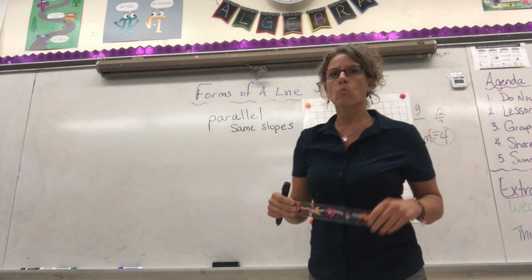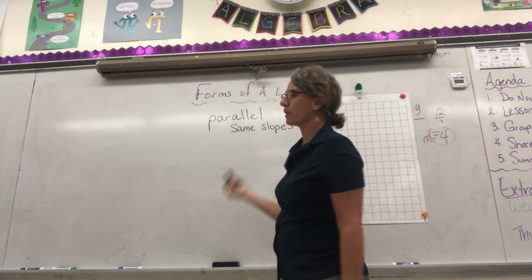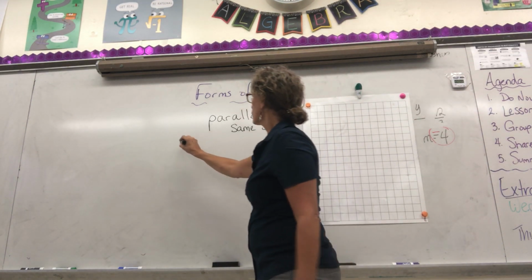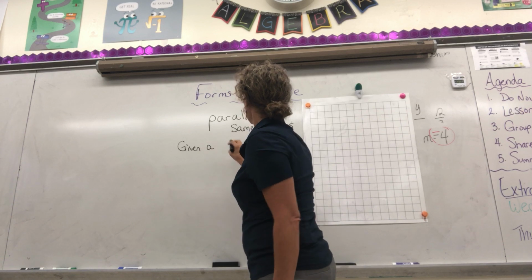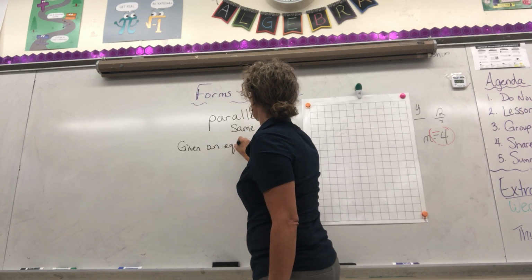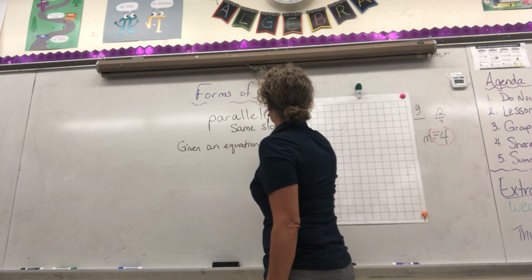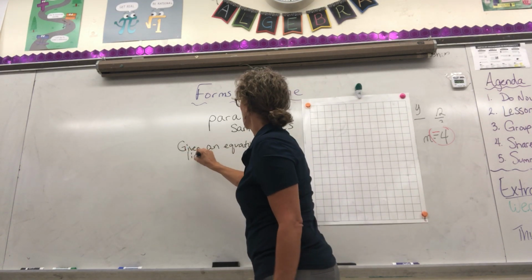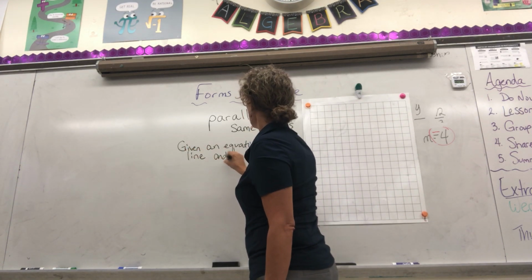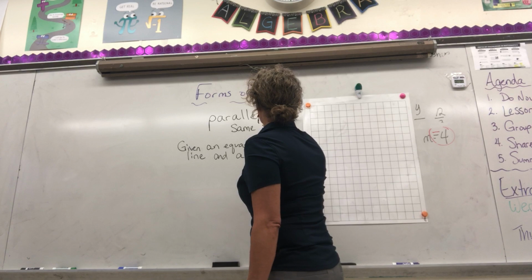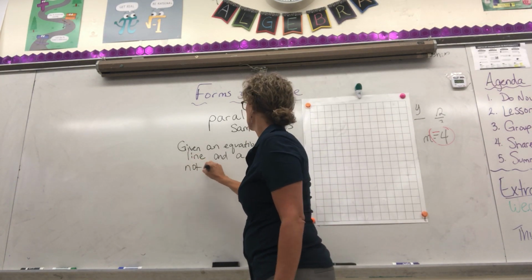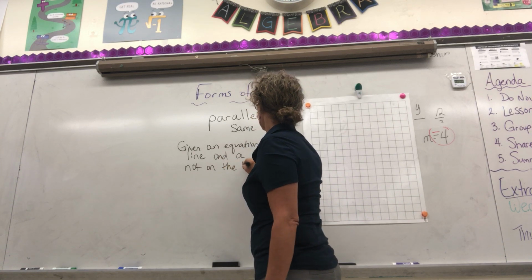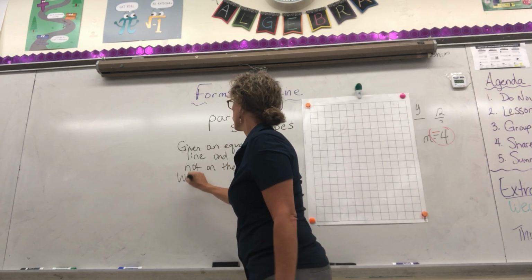Okay, so if I want to write the equation of a line that's parallel to a given line, so given an equation of a line, and a point not on the line, write the equation of a line parallel.